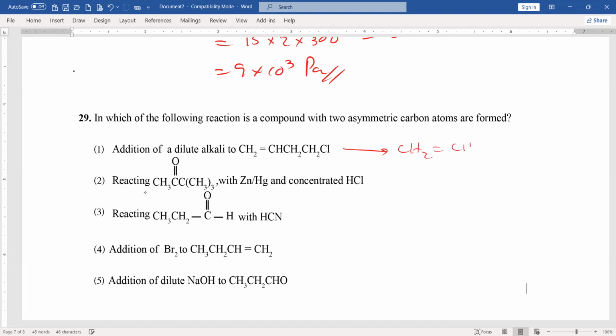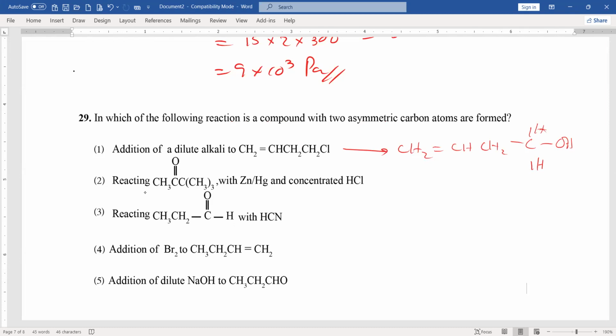CH2=CH, CH2, another CH, and OH will be given, but in this case you don't find any asymmetric carbon. Asymmetric carbon means carbon having 4 different groups attached. But in this case, no such.